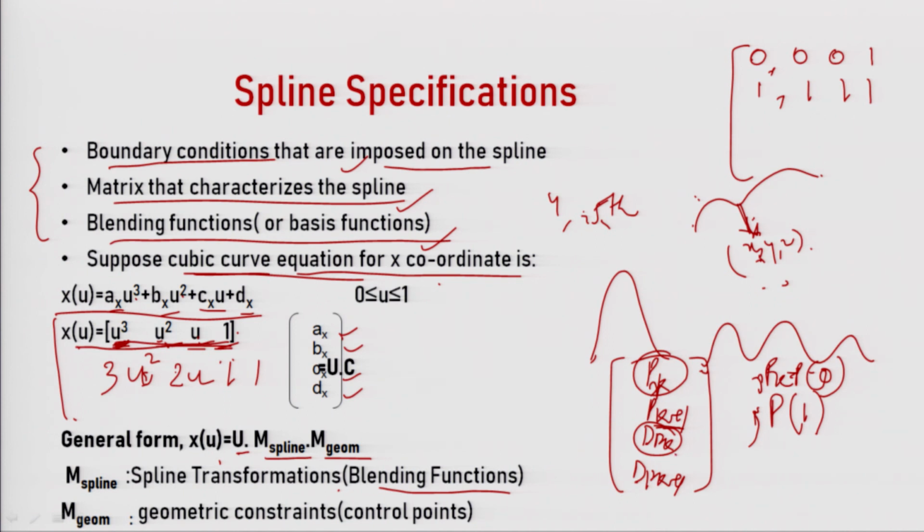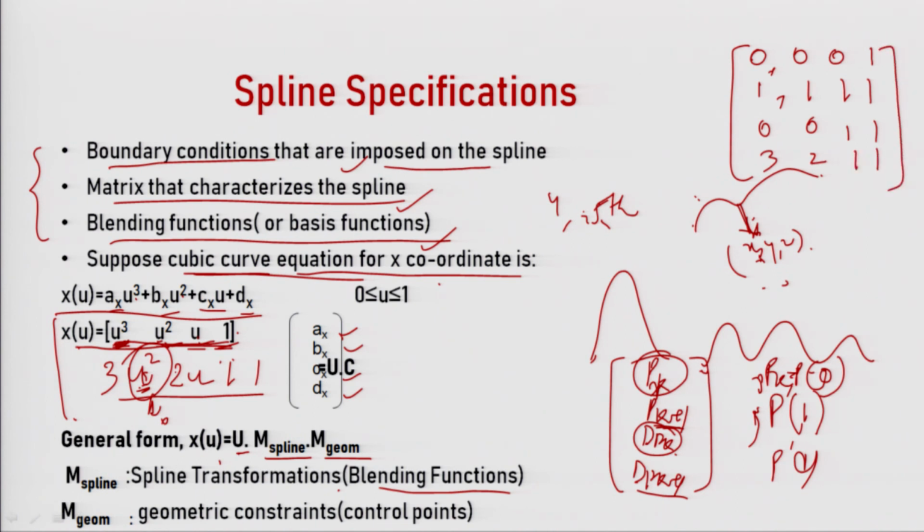Now, for dpk, you substitute the value of u as 0, and you will get 0, 0, 1, 0. For dpk plus 1, that is p dash of 1, in this derivative you have to substitute the value of u as 1. When you substitute the value of u as 1, you will get 3, 2, 1, 0.